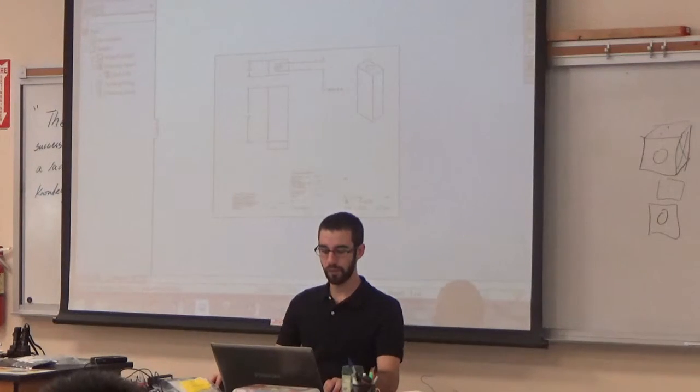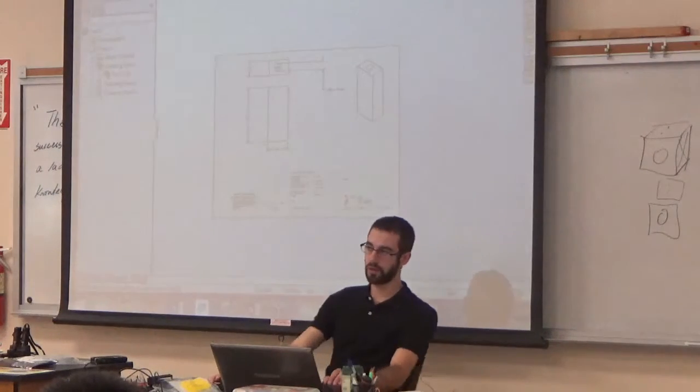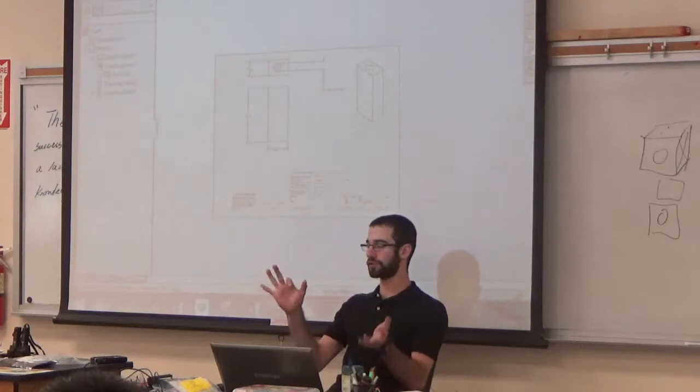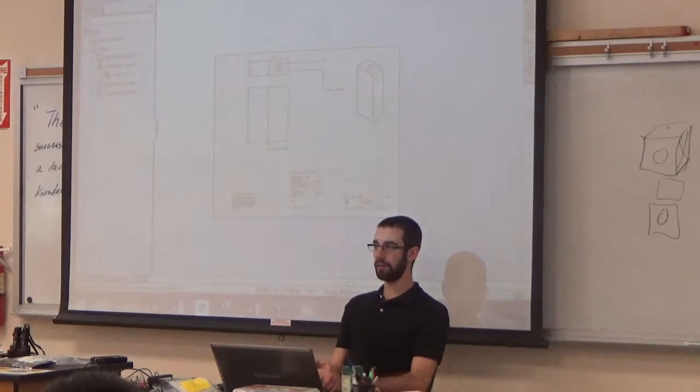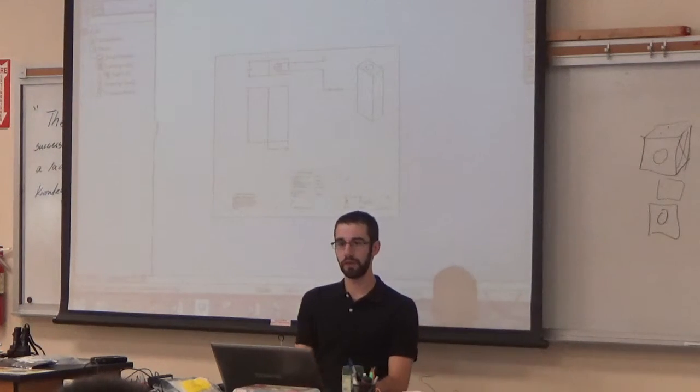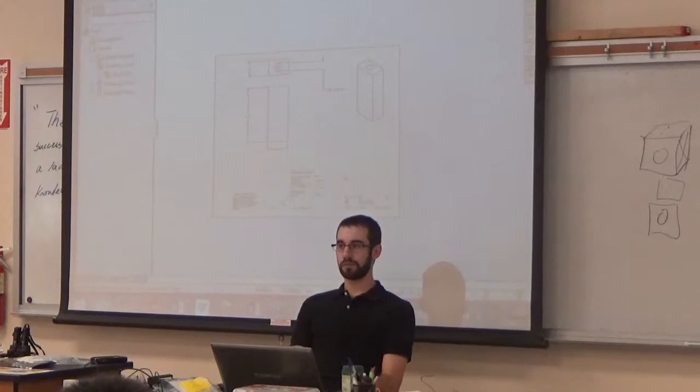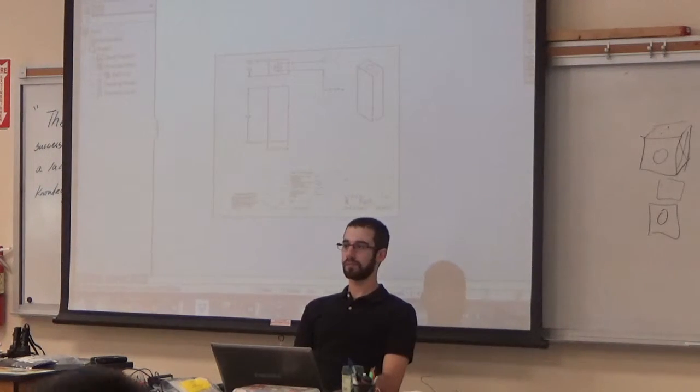So, what is the most important thing about drawing? Doing drawings. So you can call it drafting, you can call it drawings. What is the most important thing about them? Chris? Being accurate. What is that supposed to mean? That the dimensions are really precise.